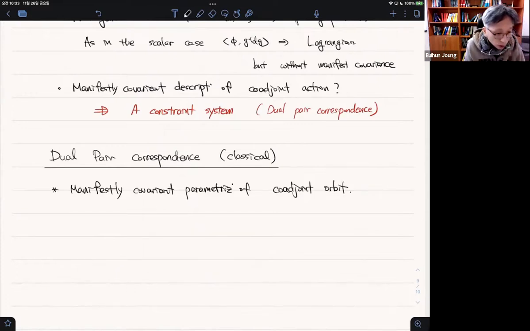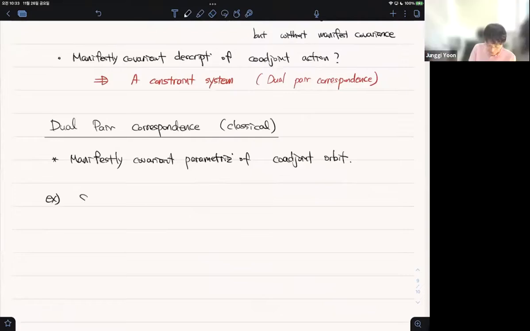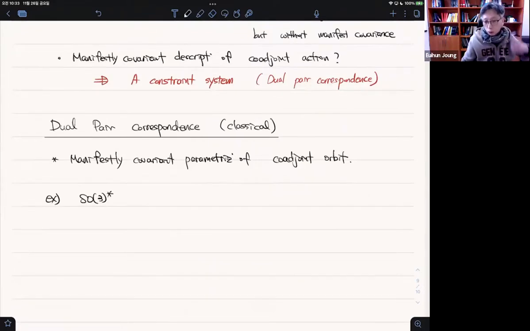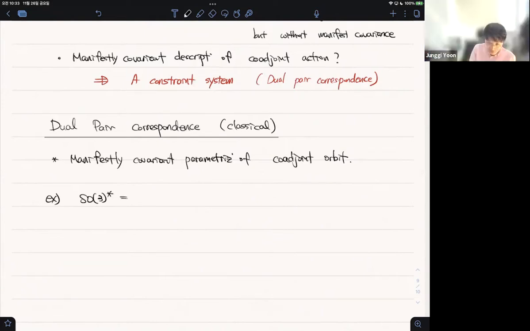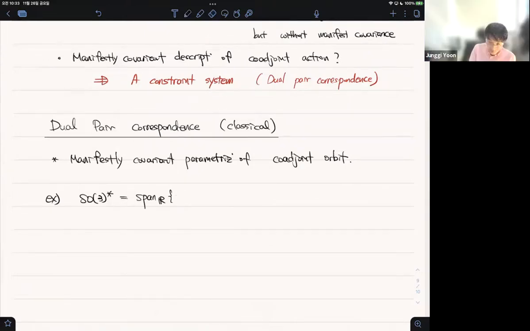For that, we can take an example of SO(3)*. I could take SO(1,2), which is more physical in a sense, but for simplicity, let us take a rather unphysical but still easy to understand example of SO(3).